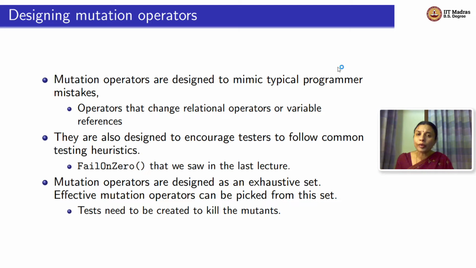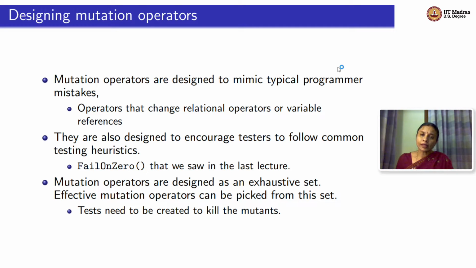Mutation operators are designed to mimic programmer mistakes, typically replacing less than with less than or equal to, or greater than with greater than or equal to, changing array indices, changing variable references, and so on. The other thing testers are commonly supposed to do is that suppose your code has scope to get into an operation which involves a division by zero, which is illegal in mathematics and in computer science.